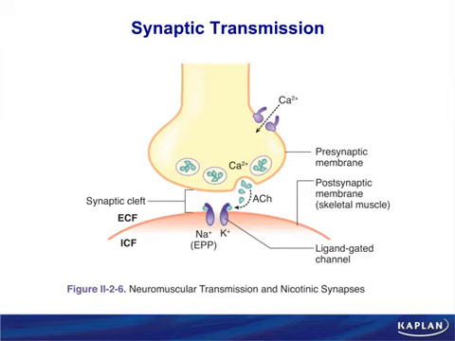This is the nicotinic receptor. N for nicotinic, and the M stands for muscle. So nicotinic muscle. But bottom line, it's a ligand-gated ion channel. The ligand, acetylcholine. The ions, well, it's non-selective sodium and potassium.